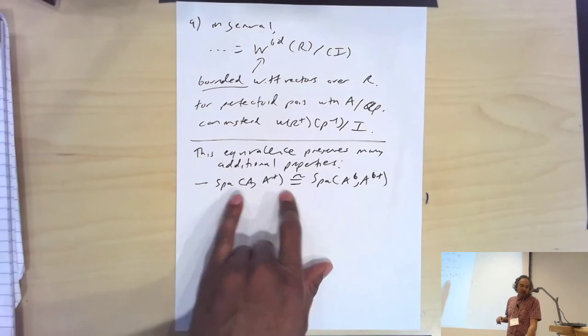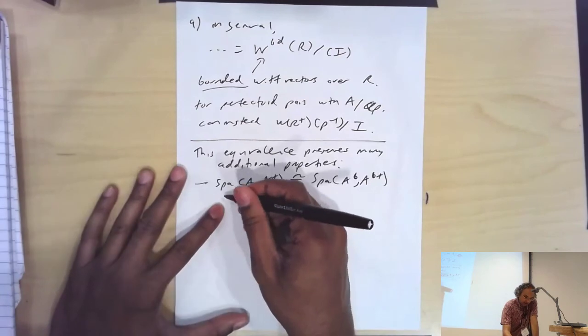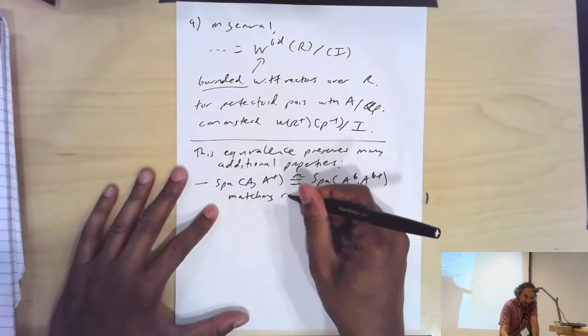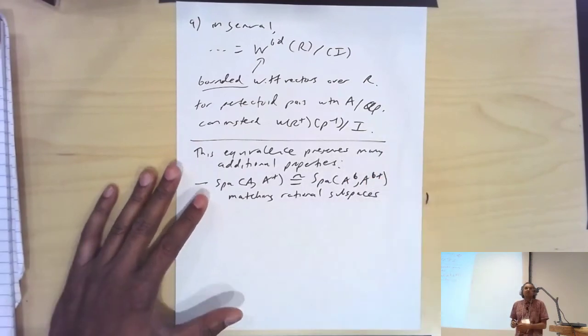The Spas of these two pairs are canonically isomorphic, and this isomorphism is not just an isomorphism of topological spaces, but the rational subspaces on one side are exactly the same as the rational subspaces on the other.